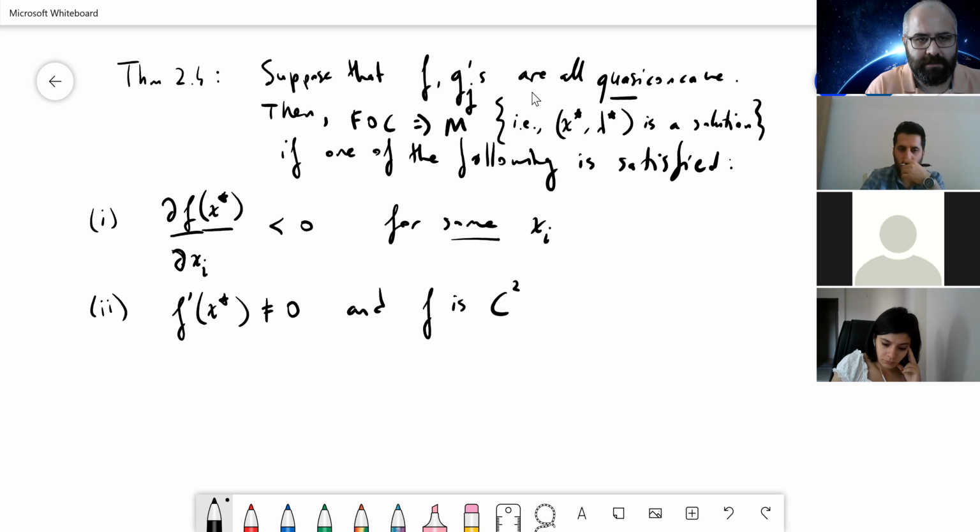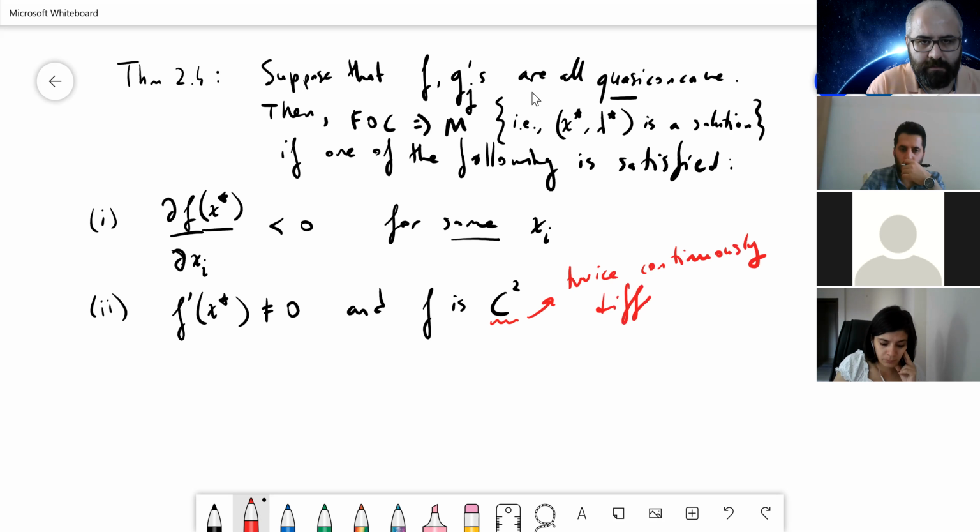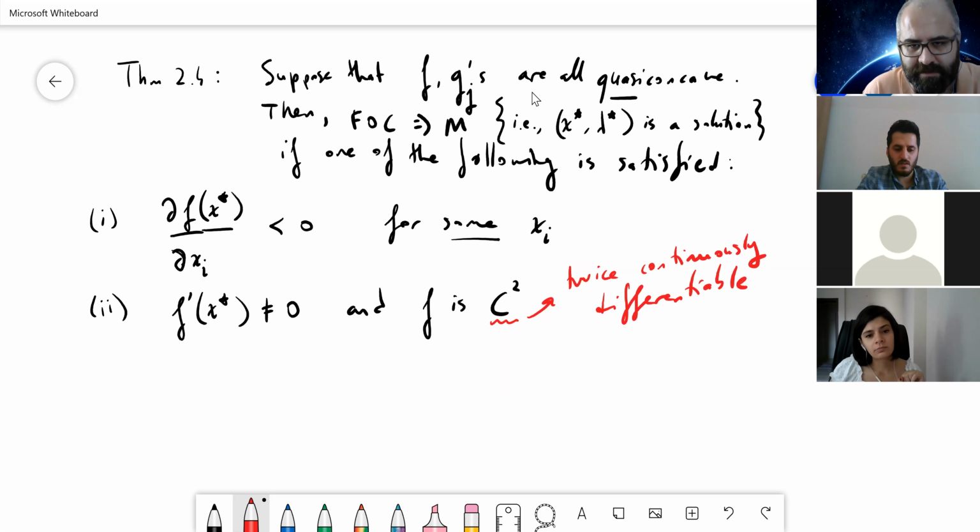This means twice continuously differentiable, which means you can take not only the first derivatives, but the second derivatives of f as well. So you take the first derivative of f, these first derivatives exist, then you take the second order derivatives, and second order derivatives also exist. So this is another condition.